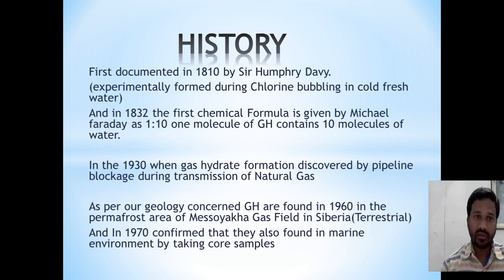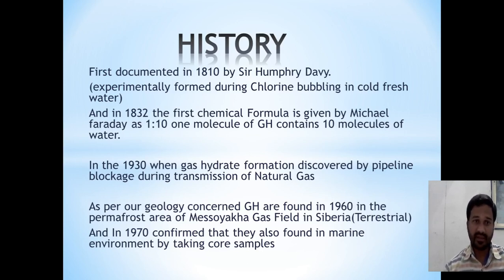Now see its journey, the history. It was first documented in 1810 by Sir Humphry Davy when he was experimenting with chlorine gas in cold water. Accidentally he found chlorine hydrate forming in the water during his experiment, and he just mentioned it.